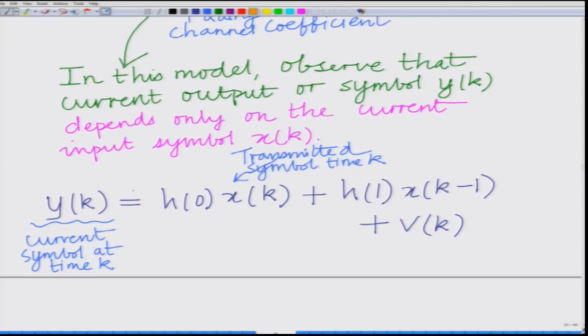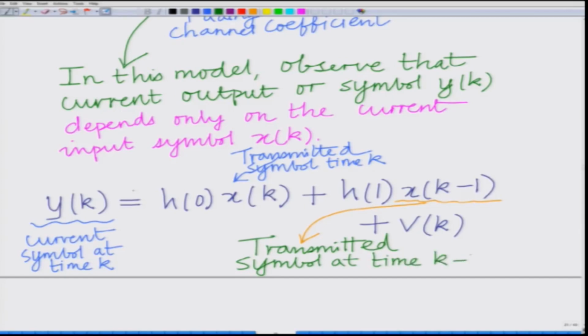However, we also have something very interesting. We have also xk minus 1, that is the transmitted symbol at time instant k minus 1.